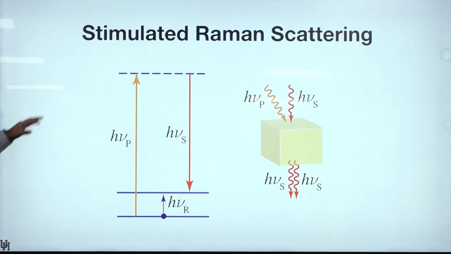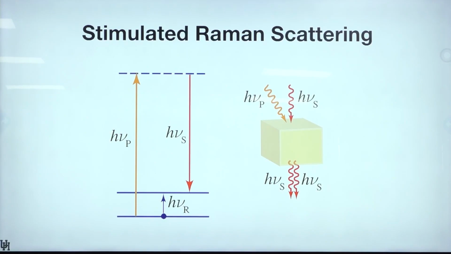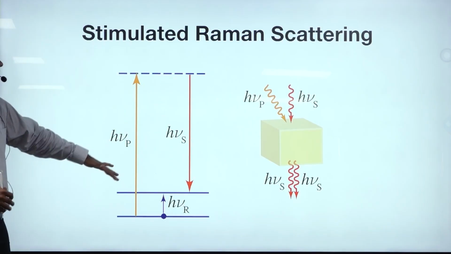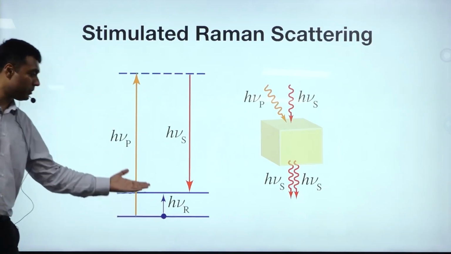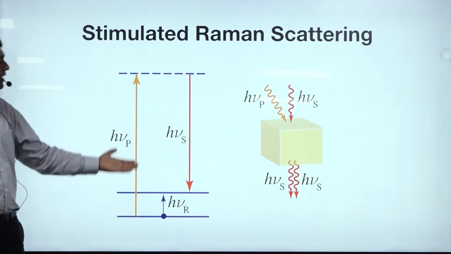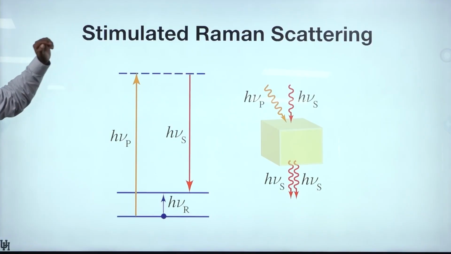You can use what is called stimulated Raman scattering, or stimulated emission. This process of stimulated emission was first figured out by Einstein, who said that when light is incident there is a certain probability of a transition: at one electronic level, it goes up to another electronic level.